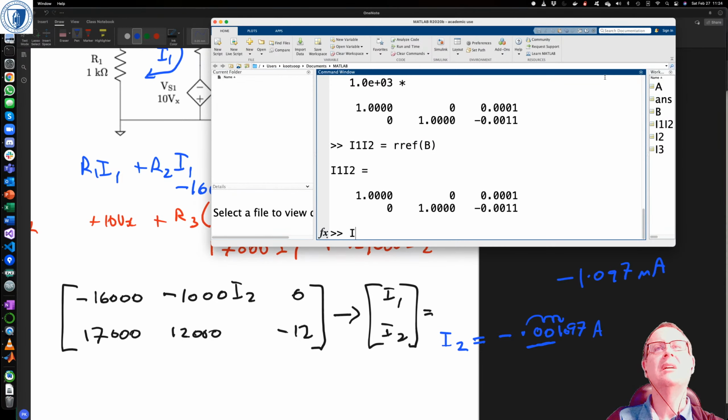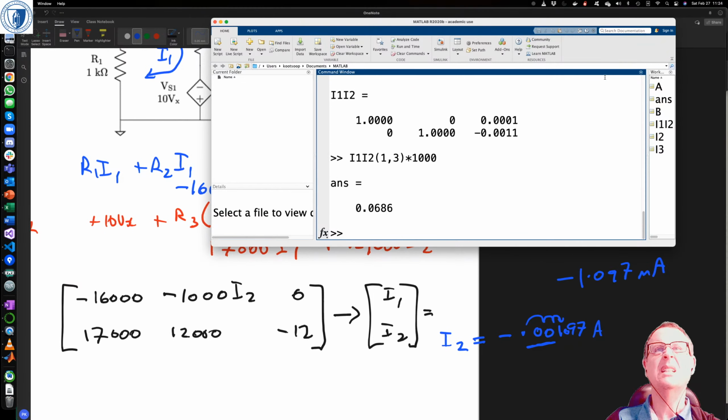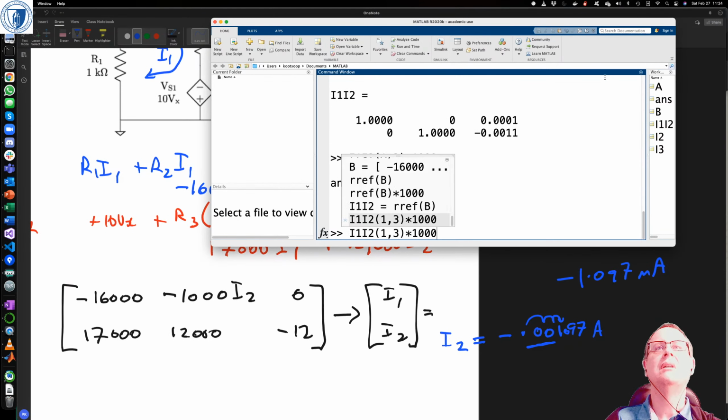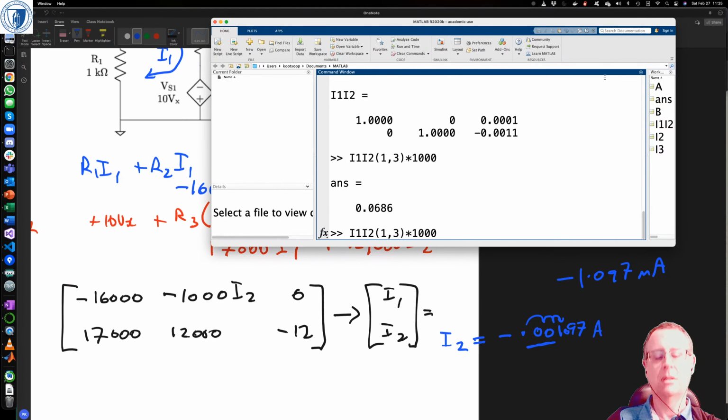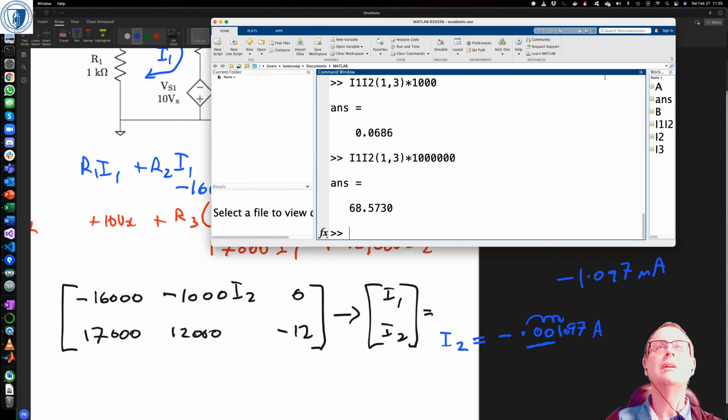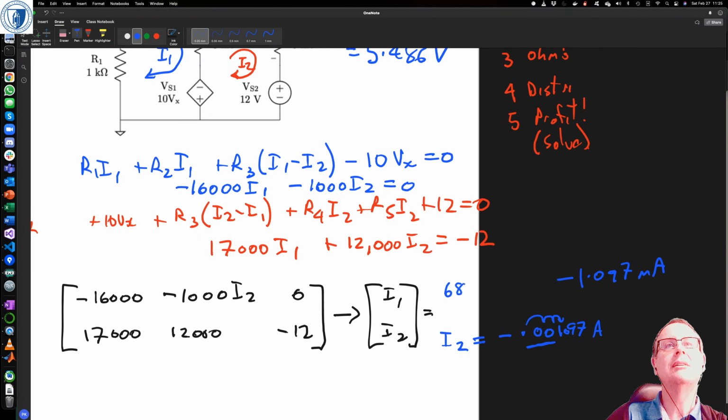So this is I1, I2, and we want I1. That's pretty small, 68 microamps. So for I1, that's 68 microamps.